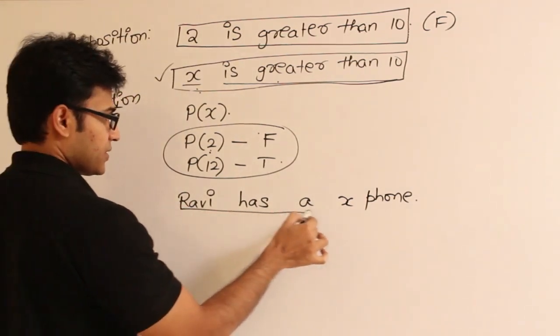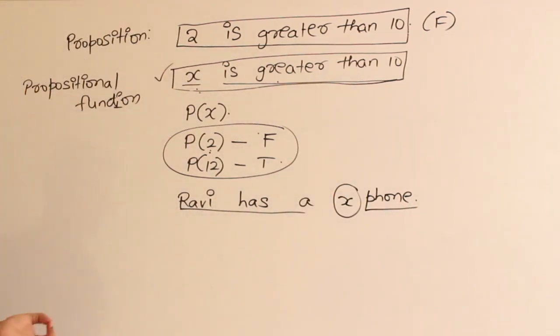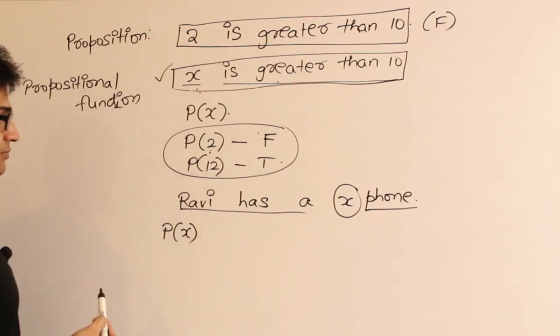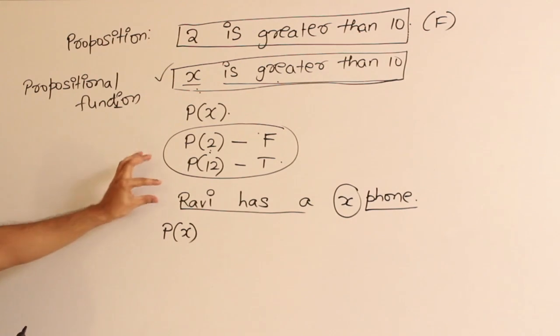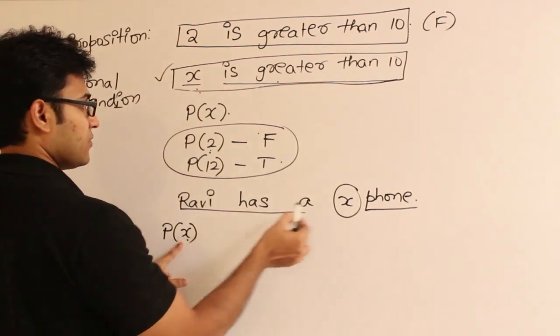One is Ravi has a phone, and X is a variable, right? And depending on the model of phone I have, this statement can be true or false. Now if I call this statement P of X, then depending on what the value of X is, it may be true or false.